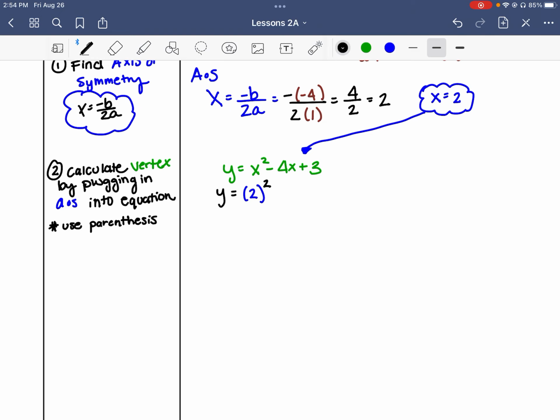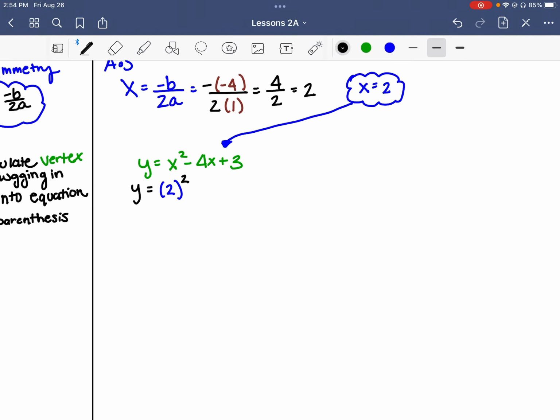That's supposed to be a star. Okay, let's keep going. Minus 4. Oh, I see an x. So instead of x, I'm going to plug in 2 plus 3. Now I'm going to keep cleaning this up. Remember that 2 squared is just 2 times 2. So y equals 4.